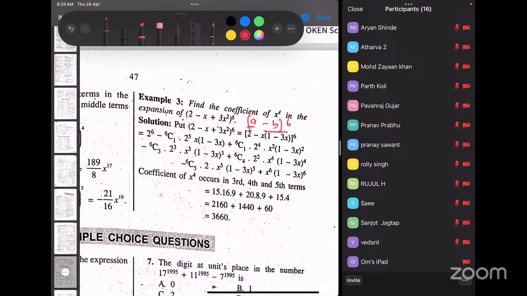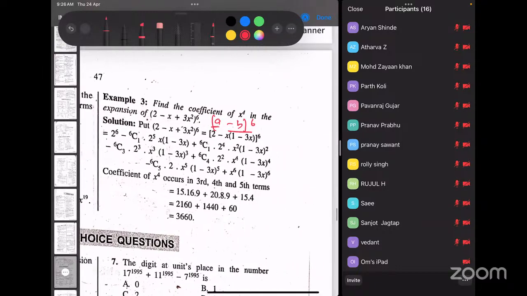Then in the next case, it will be 6C1, 2 raised to power 5, x(1 minus 3x), plus, sorry, 6C2, 2 raised to power 4, x square (1 minus 3x) square, and so on.